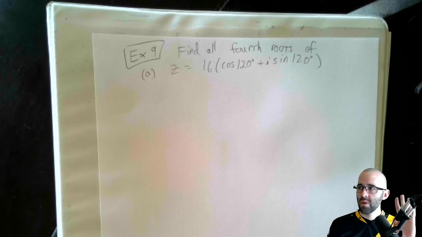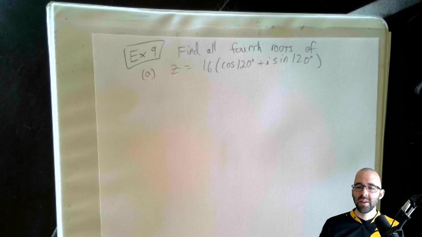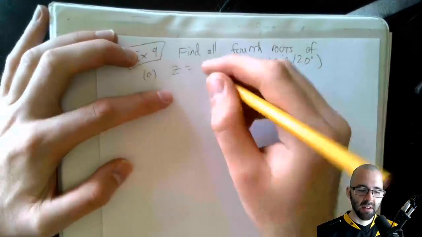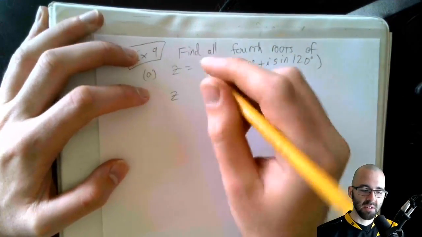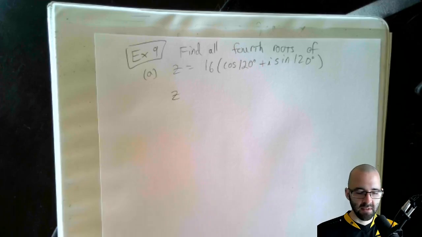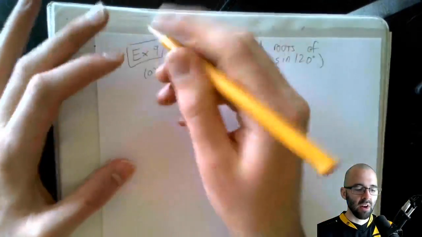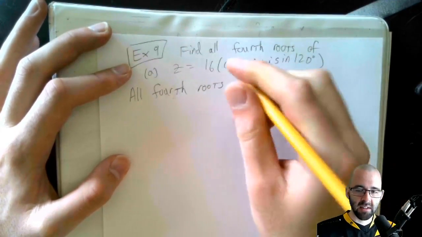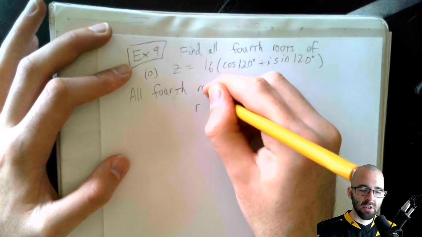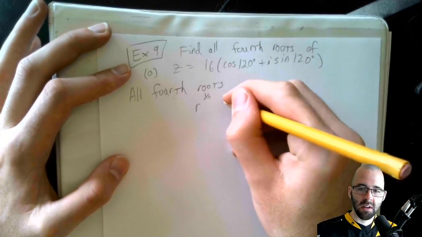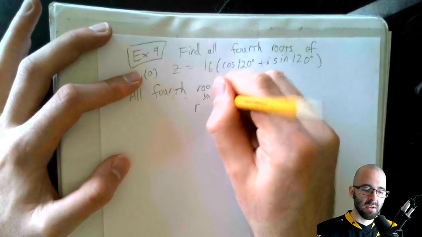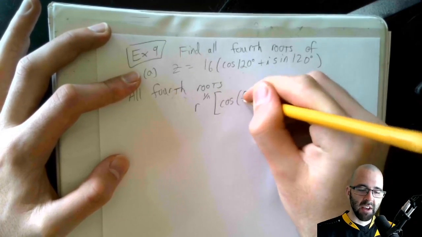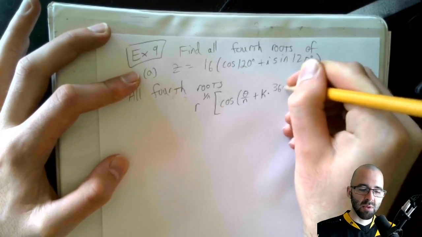This number has 4 fourth roots, and we're going to find them all. So we're going to use the formula. Okay, let's write the formula down again. This says that all fourth roots are going to look like r to the 1 divided by n times the cosine of theta over n plus k times 360 degrees over n.